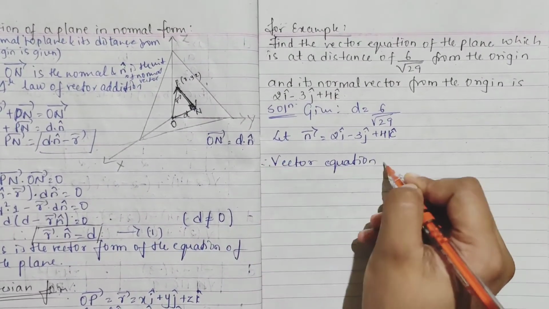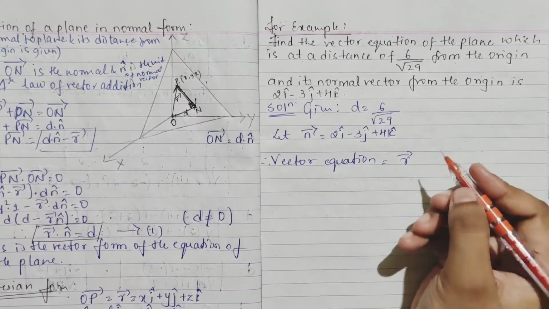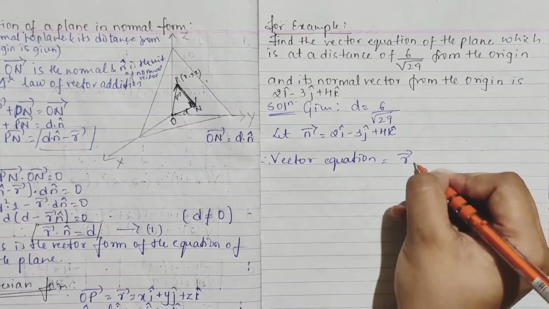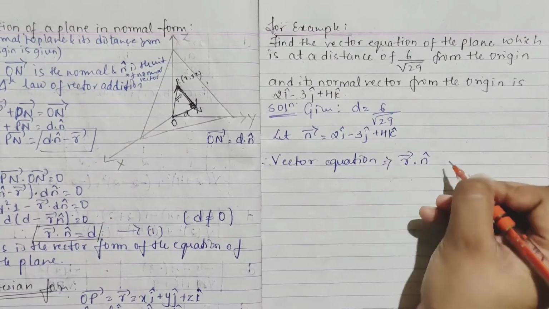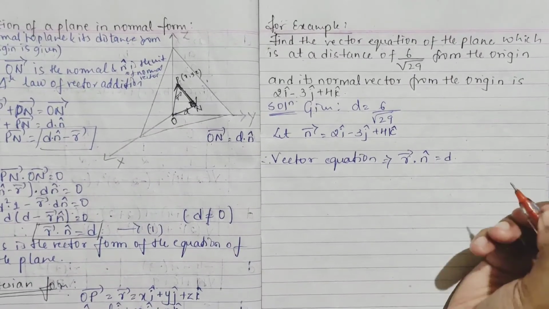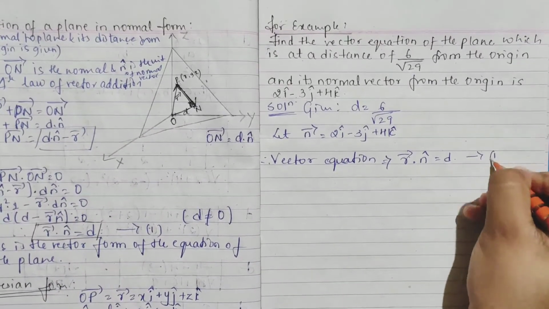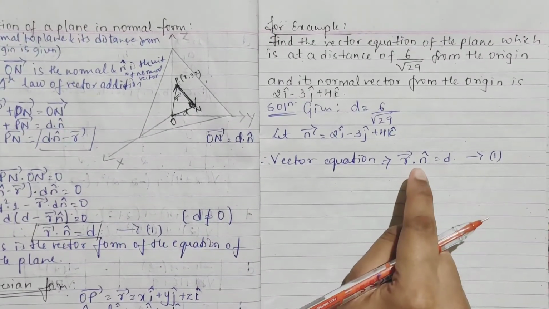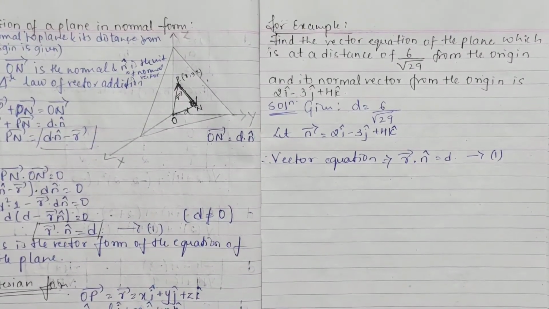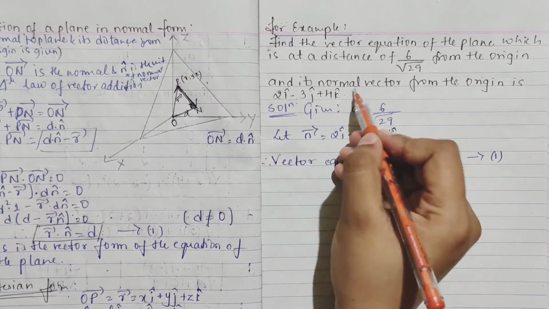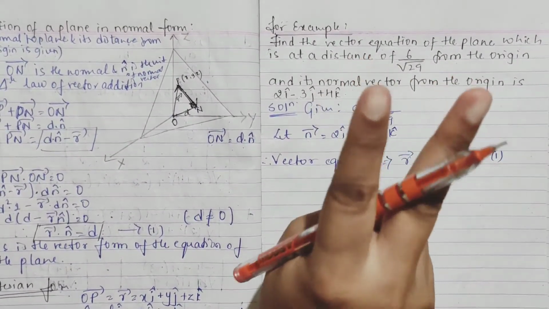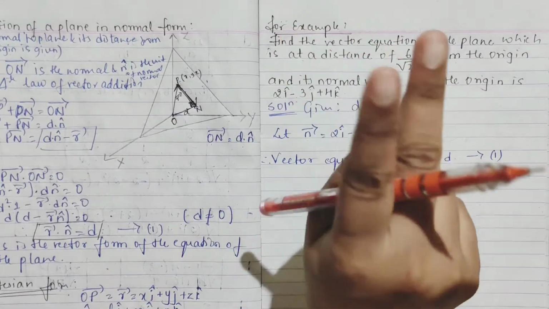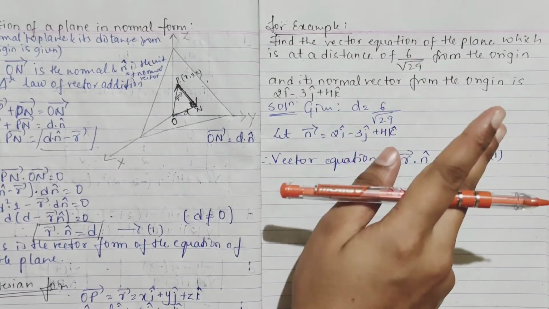Therefore the vector equation is given as vector r dot n cap equal to d. So slip of the tongue happens. So this is your vector equation, but here they have given you the normal vector. So please differentiate, unit vector and normal vector are two different things, right?